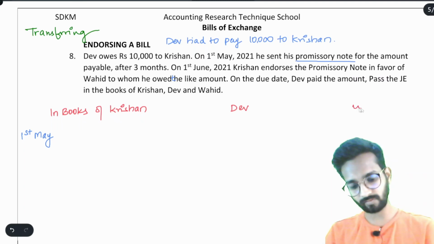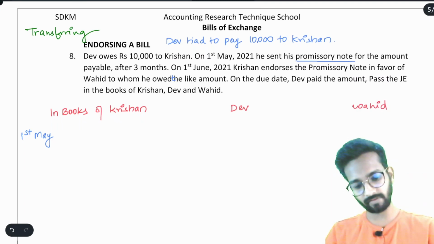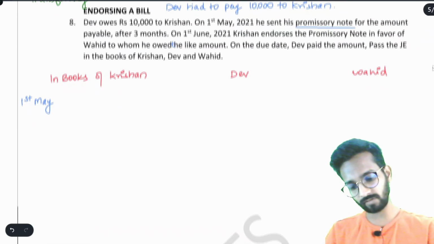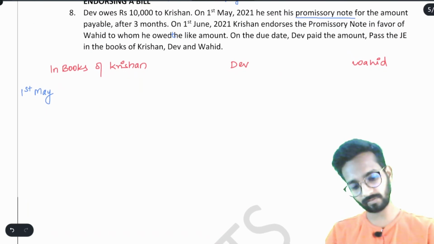See, understand it very, very carefully. On the 1st May, what is happening? He sent his promissory note. Who sent? Dev. Dev sent his promissory note for the amount payable after 3 months.